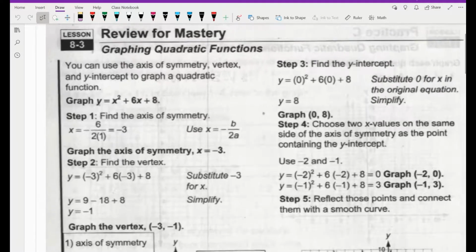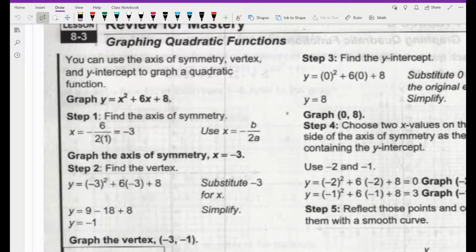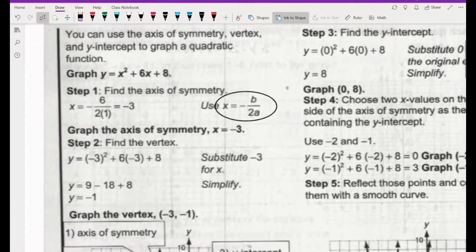Just to look at the example here, it says y equals x squared plus 6x plus 8. The first step was finding the axis of symmetry using the equation x equals negative b over 2a. The second step is plugging in this value. In step 1, they got an x value of negative 3.